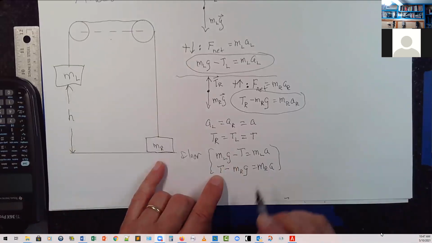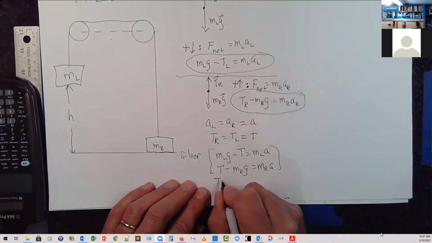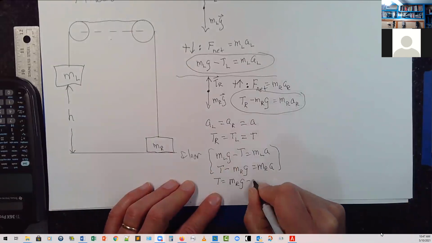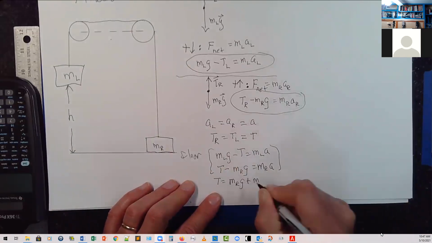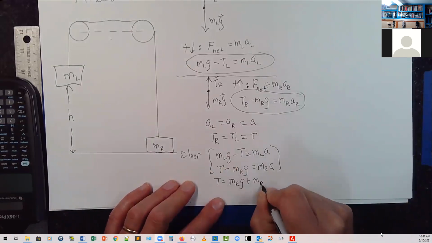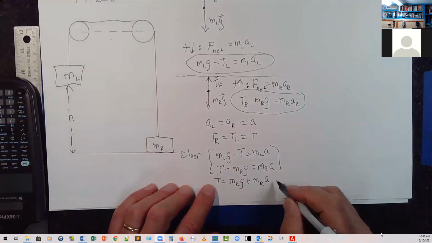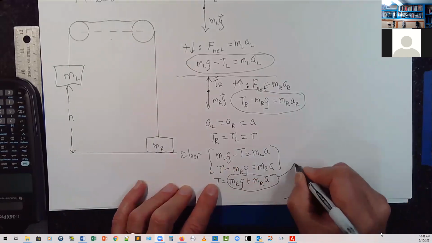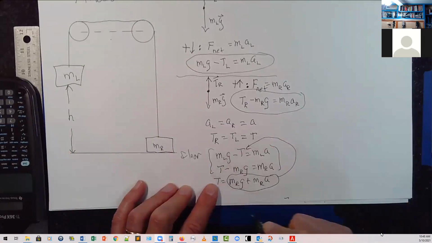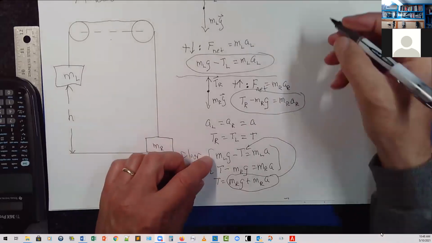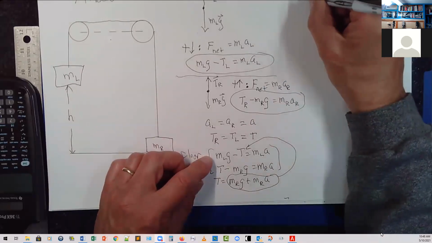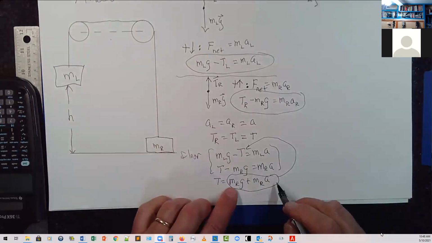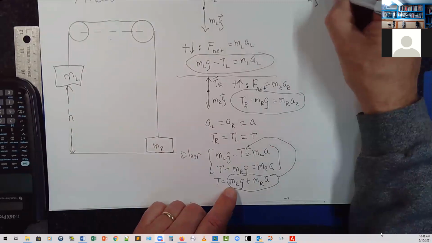So the bottom equation, I'll solve for T. T is equal to m sub R g plus m sub R a, and this is equal to T. I'm just going to stick that into there. And I'm going to come up here, and I will have m sub L g, that's the start, minus T. But this is equal to T, and I'm going to wrap it in parentheses.